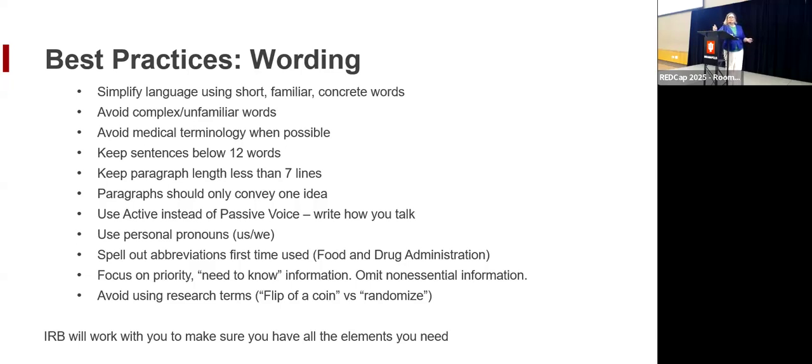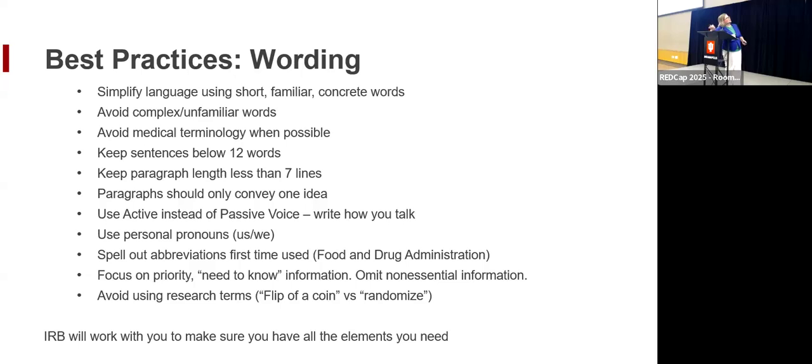Sometimes when you put it into Copilot and say make this simpler, it really doesn't. Some of those terms are still complex. AI has come a long way, but you still have to vet it and make sure it's understandable. Sometimes give it to somebody who doesn't do this work and say, read this and tell me what it means to you. That's really helpful because you want someone to be honest with you about whether they can understand it or not.